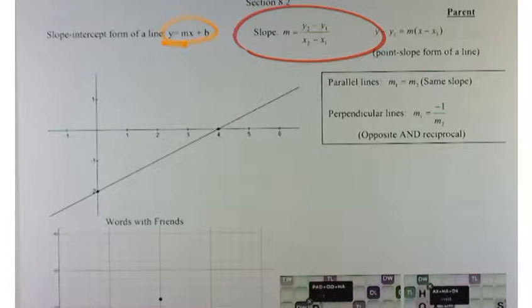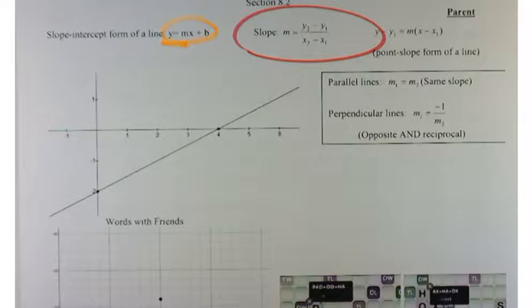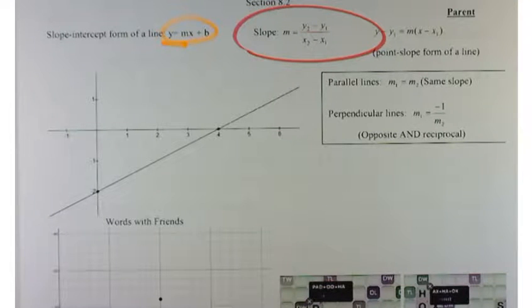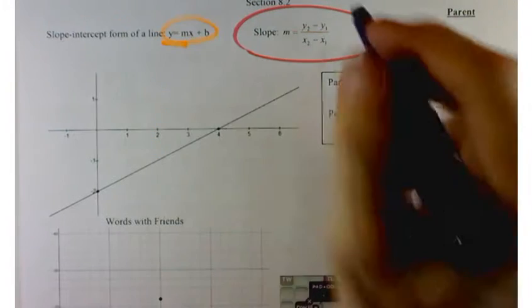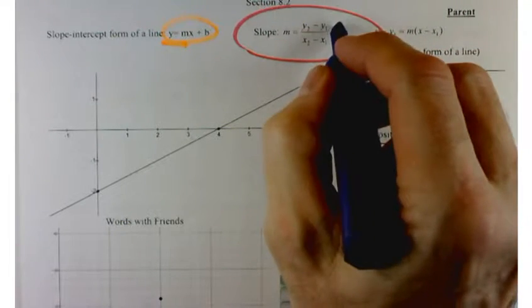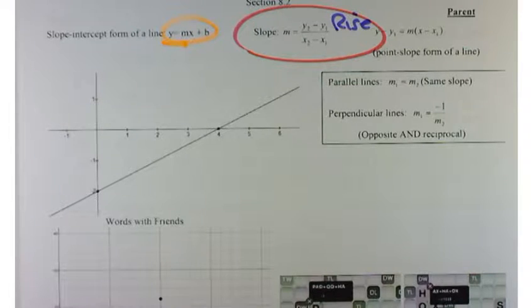But at least in my classes, when I talk about slope, I give people a different way to think of it other than just the formula. Does any one of you remember slope is a ratio of what over what? Rise over the run.